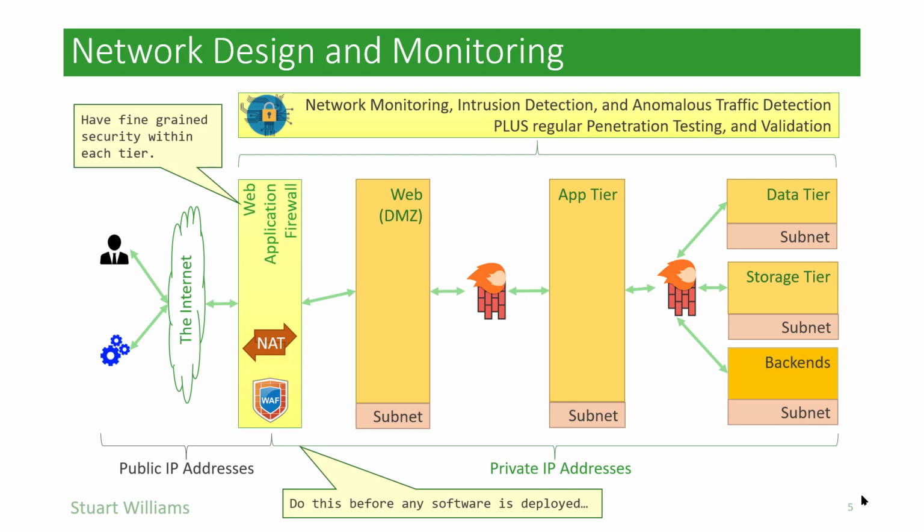Bad actors in the universe are always at work. And never forget that a fair fraction of those bad actors work for you. So you have to provide internal as well as external security controls and auditing. There's no excuse for not doing this.